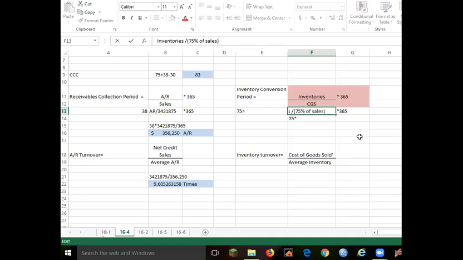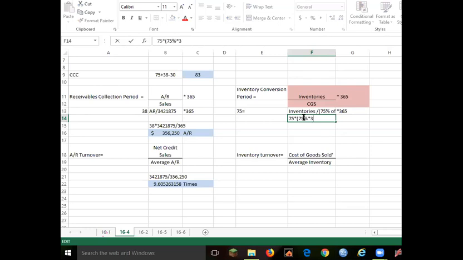This formula is given. So we multiply 75 inventory conversion days with 75% of sales.